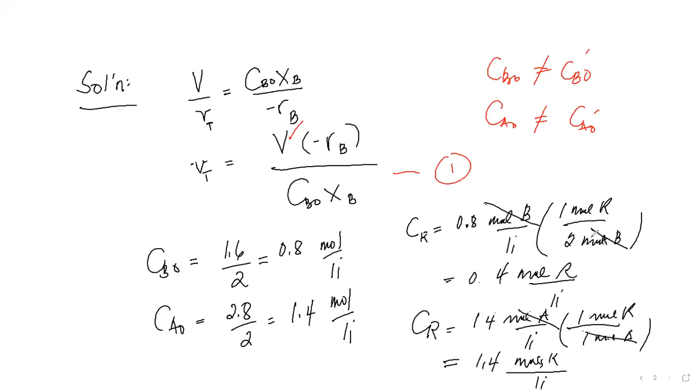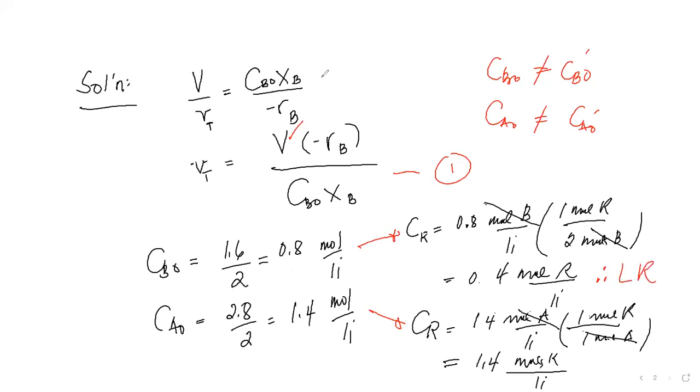So of the two, this is for B, and this is for A. Of the two, the one that limits or produces the least amount of product is the limiting reagent. So therefore, since this is only 0.4 and this is 1.4, this is your limiting component or your limiting reagent.